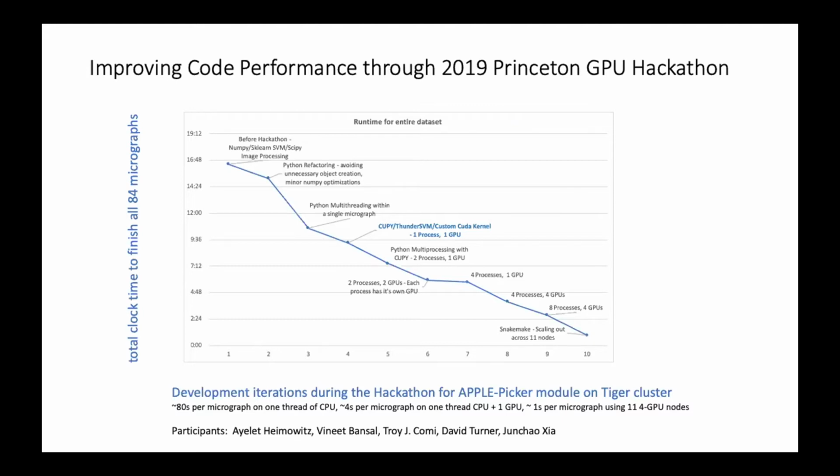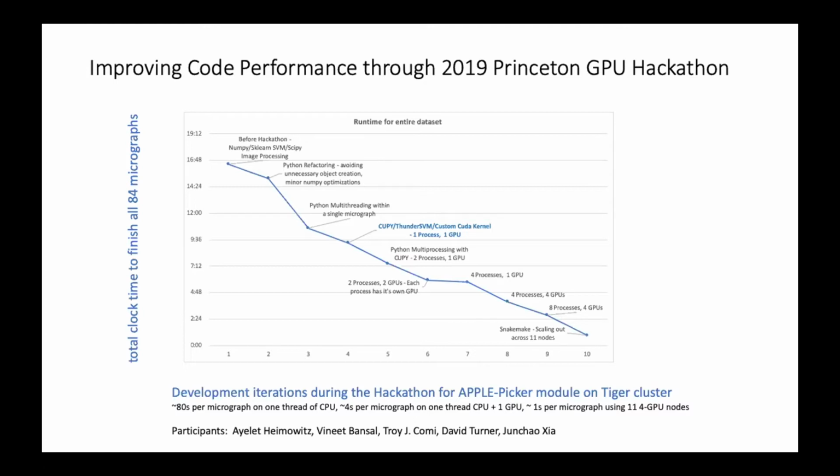This graph shows the total clock time to finish all 84 micrographs as a function of developer iteration during the hackathon event. There's a lot of information there, but in short, the original Python package needs 80 seconds per micrograph on one thread of CPU.